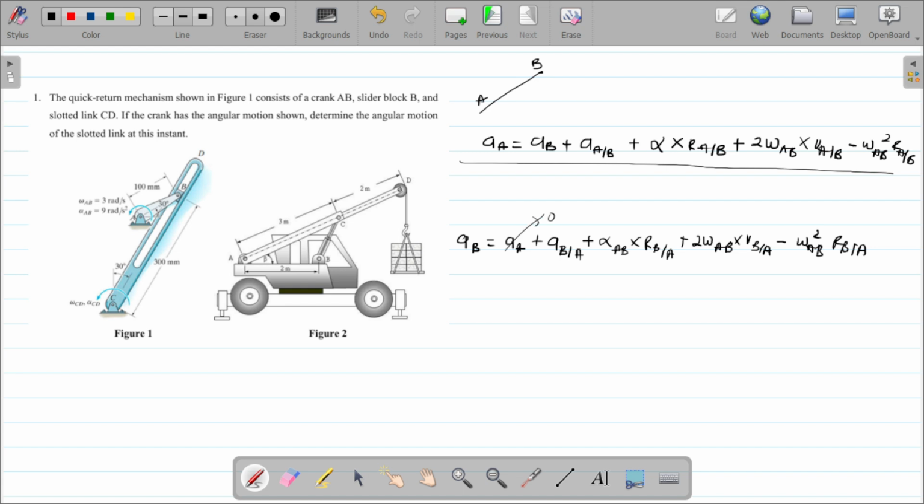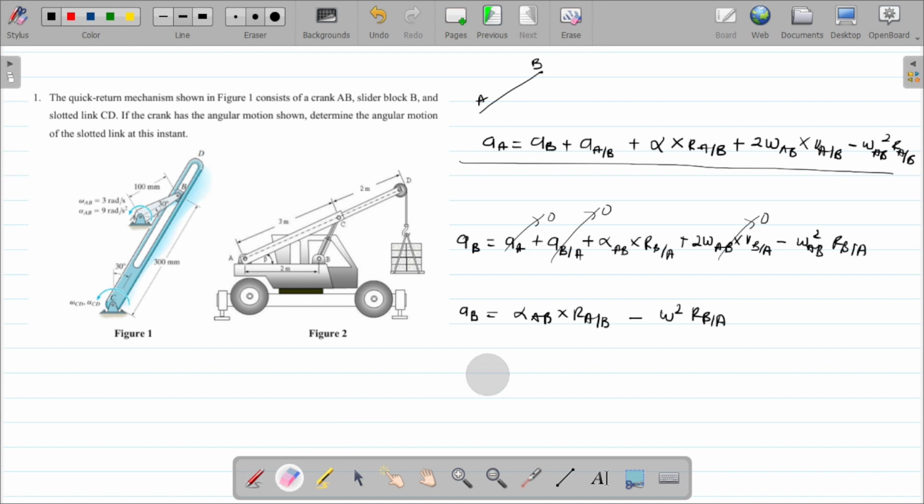There's no sliding velocity between them, so this is also 0. So we can say that the acceleration of B is equal to alpha AB cross R of A with respect to B minus omega squared R of B with respect to A.